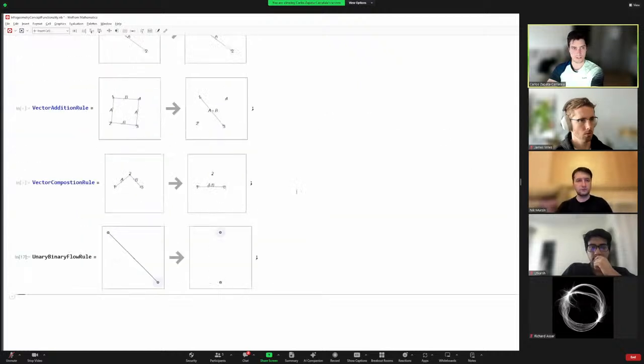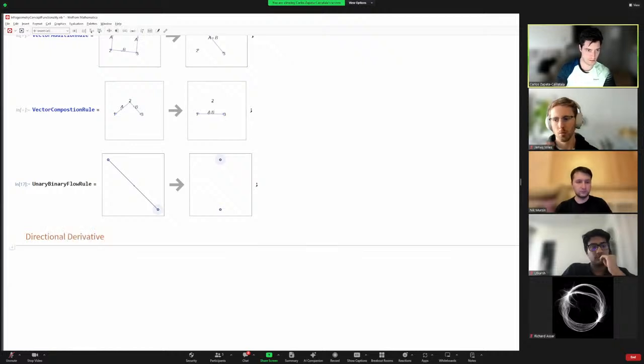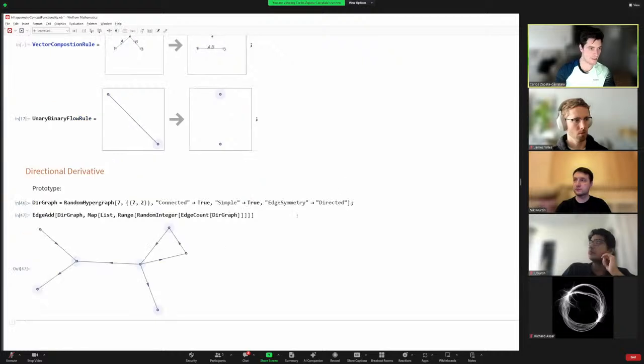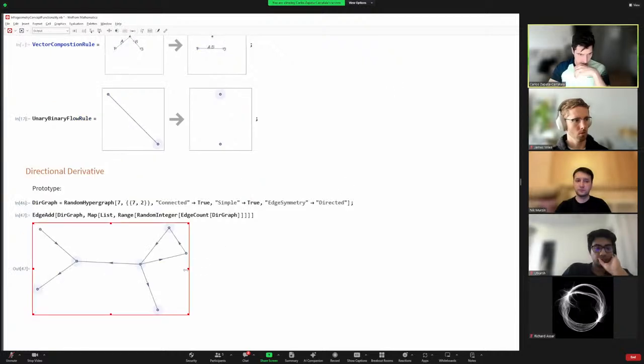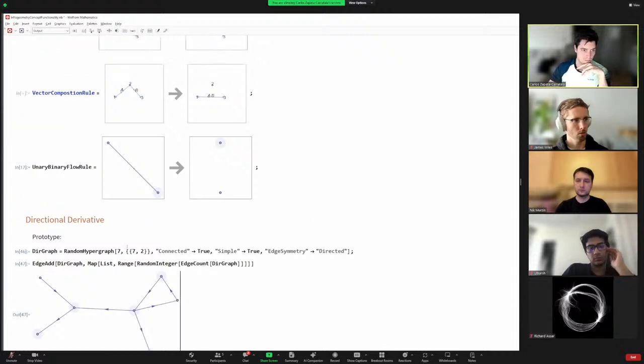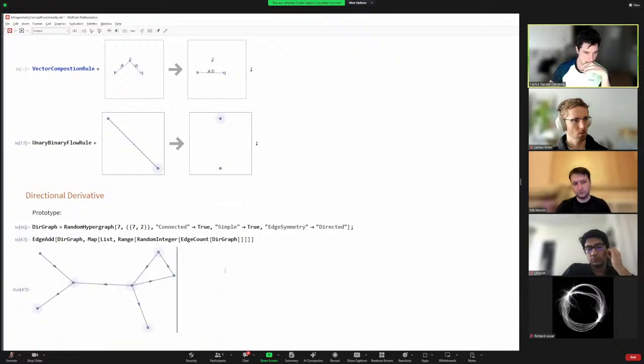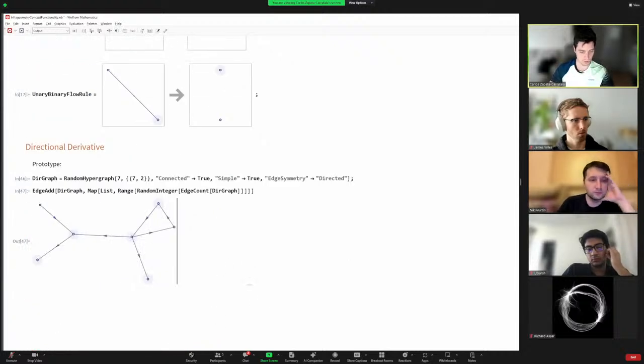All right. So if I want to say something like directional, here's first the prototype. In this kind of situation, we want to see how the unary binary flow rule applies to this thing. So what was again the code for this?